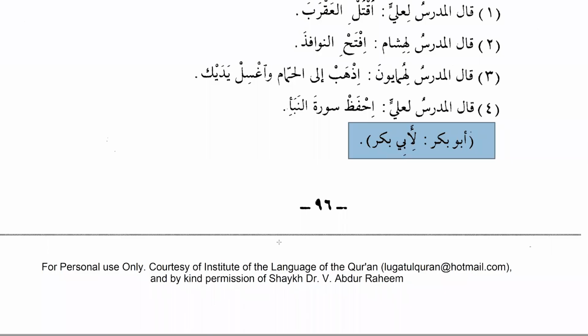It says Abu Bakrin, and then Li Abi Bakrin with the ya. The question is, why is the ya connected to the word ab? You said because it's in the state of jar, which is correct, but it doesn't necessarily mean words in the state of jar. Look at this word here: Hisham huna is in the state of jar because it's got the li in front of it, right? But there's no ya at the end of Hisham.